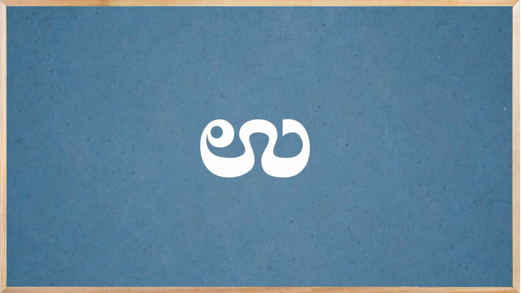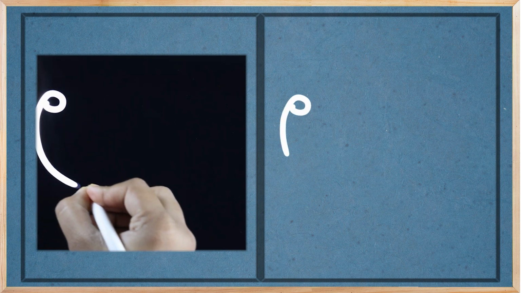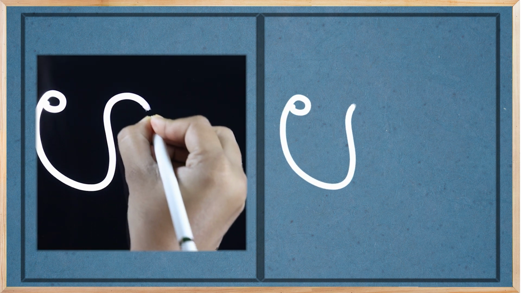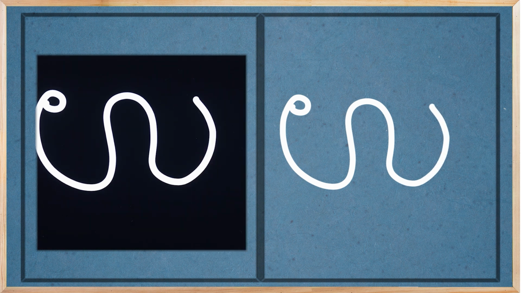The letter is equivalent to A in Devanagari and is pronounced as A. Next we have U. Write La, extend it downward into an inverted semicircle and continue with the smaller semicircle on the right.